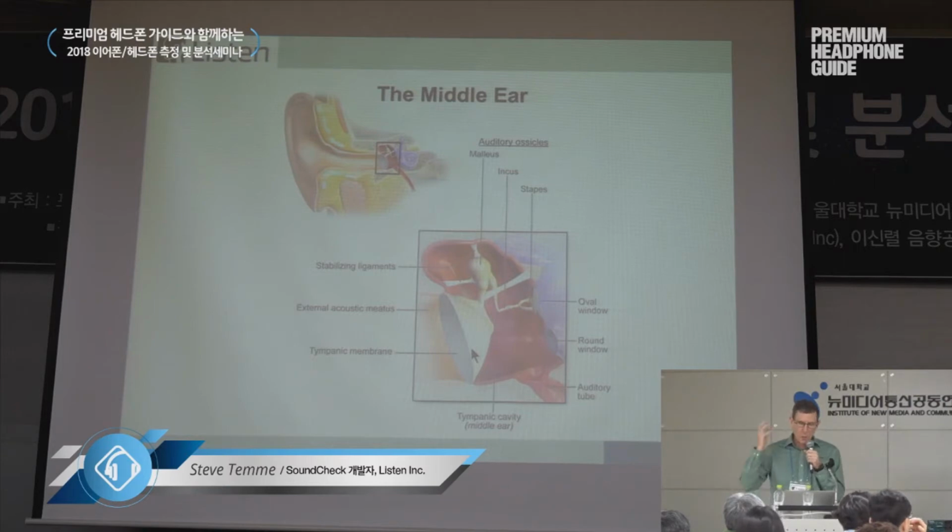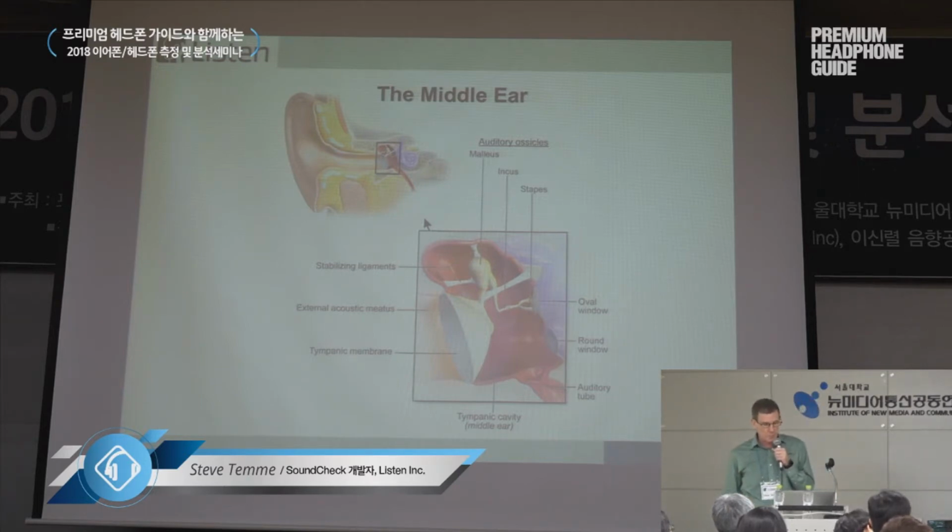It takes airwaves and amplifies it roughly 3-to-1 through the ossicles, these three bones, the tiniest bones in the human body, and then it vibrates what's called the oval window, where the cochlea, which is full of fluid, then has essentially waves going through fluid inside the cochlea. And this whole auditory ossicles device is actually the reason why we can't hear above 20 kilohertz.